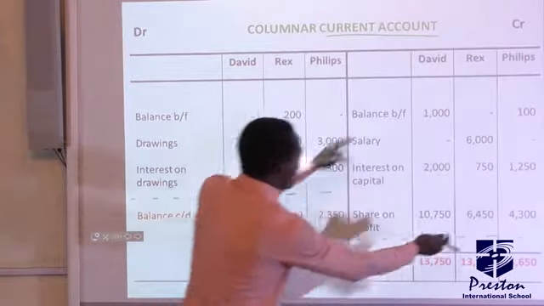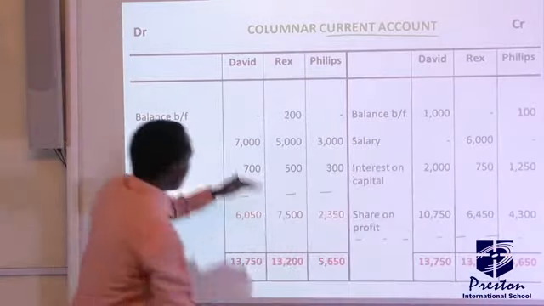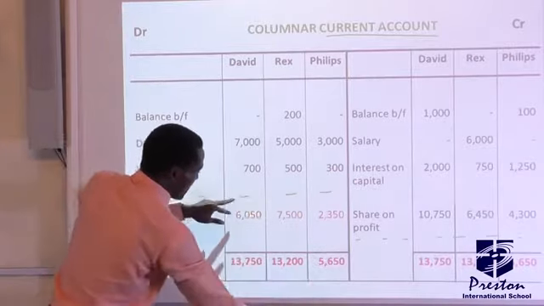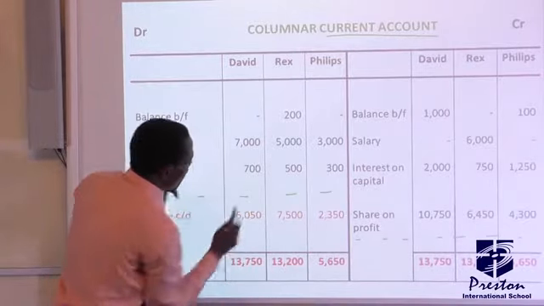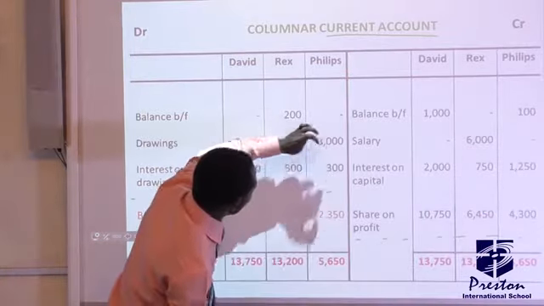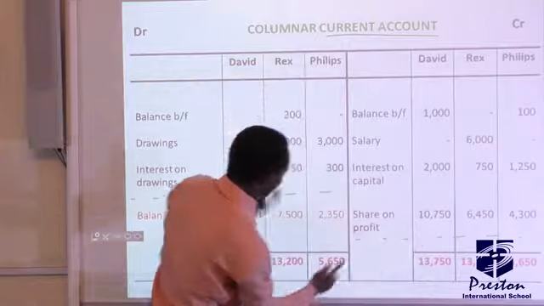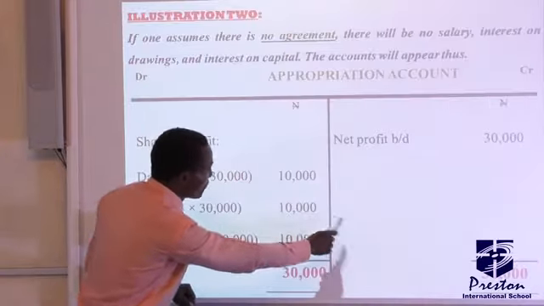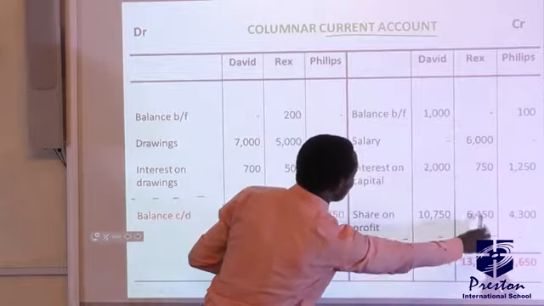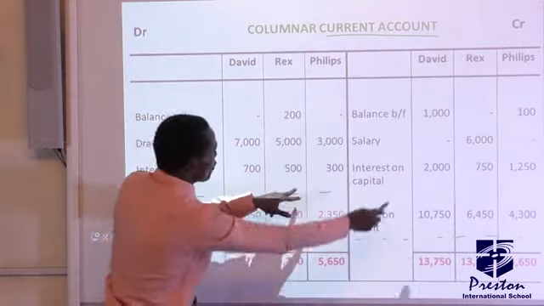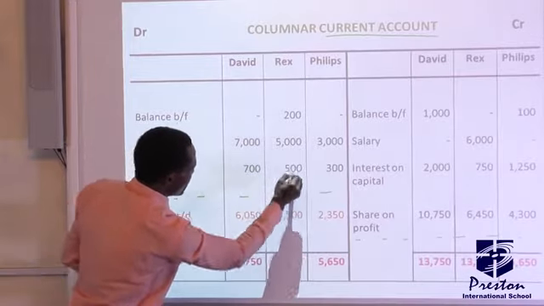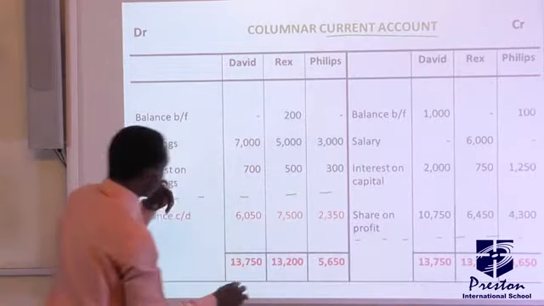Now, the addition of all this will be compared to the addition of all this to this end. If we subtract 100 from 3,300, that's for Philip, it will give us 2,350. Then the addition of these three for Rex will be charged against what Rex has here. So it gives us 7,500.